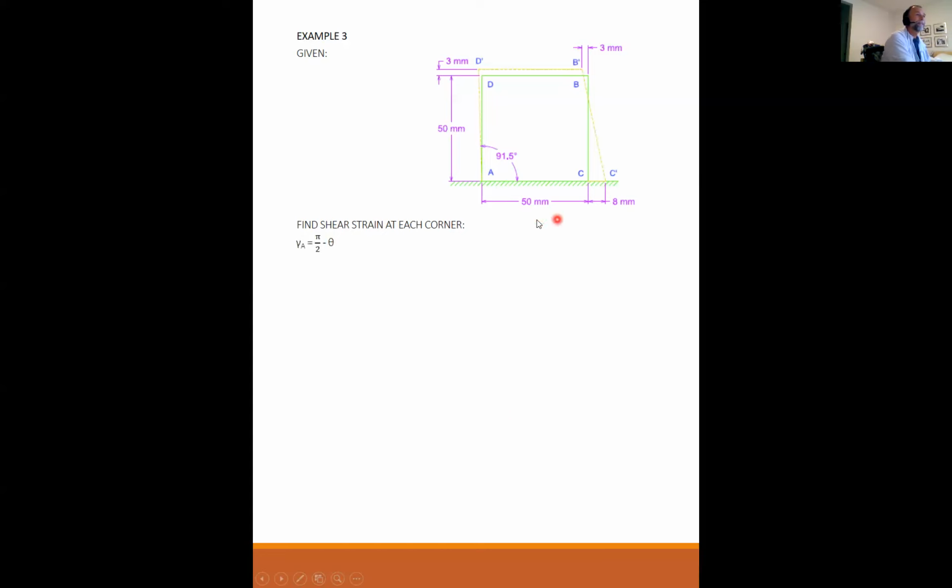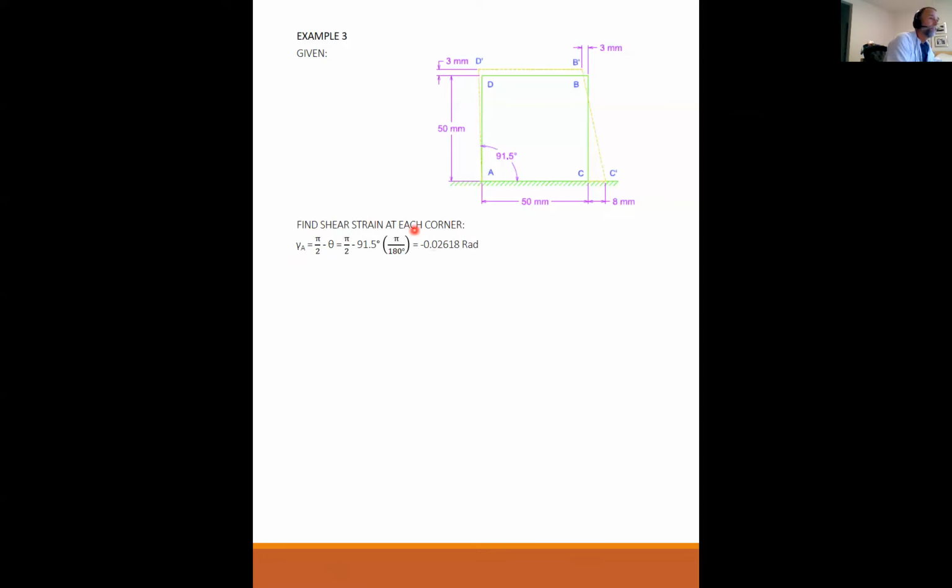What I have at A is directly measured theta. This is the definition of theta. It's on the right-hand side of the joint here, and it's measured to be 91.5 degrees. So my equation for shear strain is pi over 2 minus theta. I have pi over 2 minus 91.5, and then I convert it to radians, and I get minus 0.02618 radians.